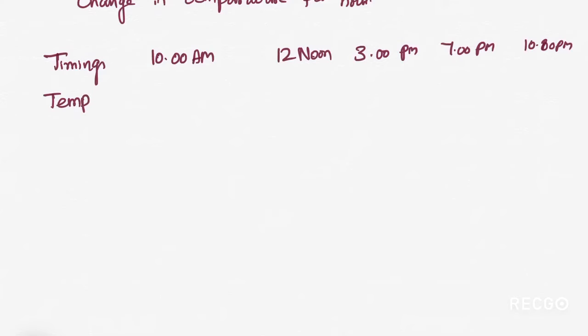Temperatures were given like this: 11 degrees centigrade. You know the temperature will be measured in degrees centigrade and degrees Fahrenheit. General usage is degrees centigrade. Okay. Change in temperature per hour.